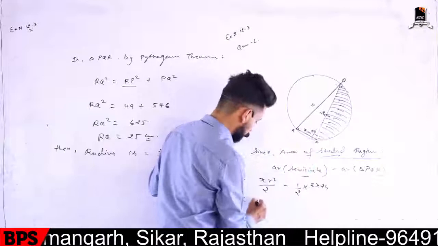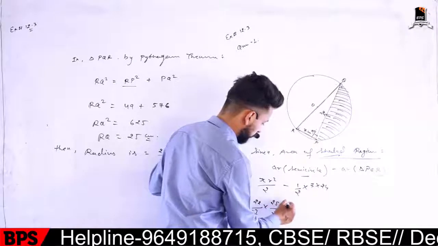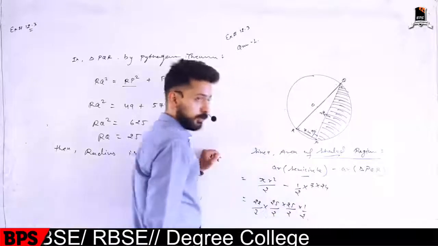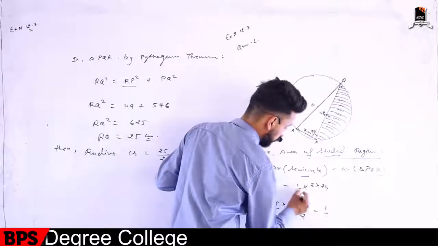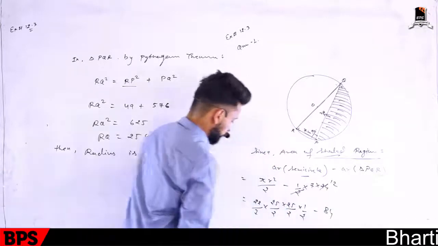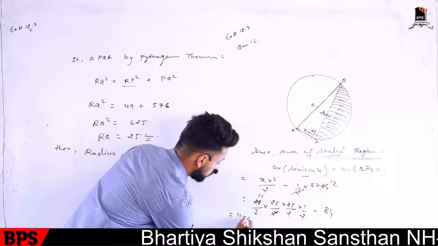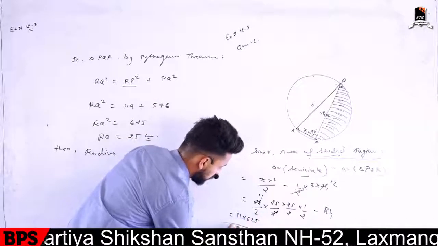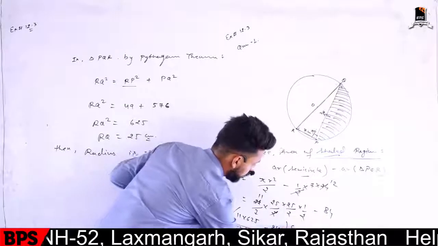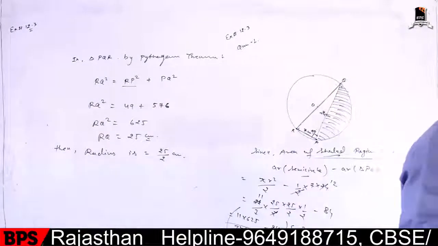So 22 upon 7 into 25 by 2 into 25 by 2 into 1 upon 2 minus 1 upon 2 into 7 into 24. Cancelling, 12 into 7 is 84. So that is 11 into 625 upon 7 into 4 minus 84 centimeter square. You have to calculate the next step.